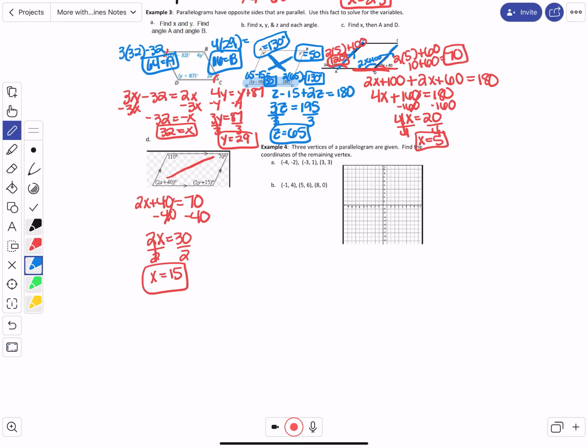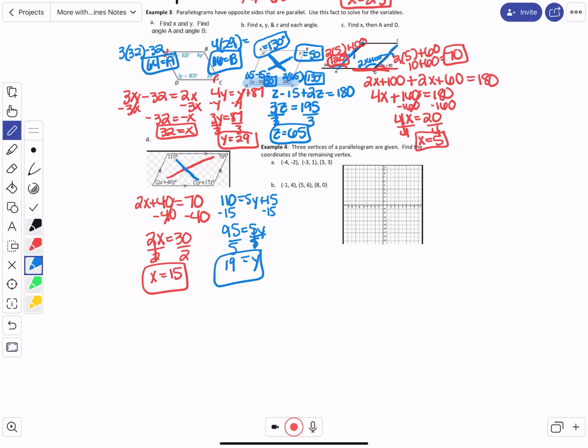And I know that these two angles are going to be the same. So I can do 110 equals 5y plus 15. If I subtract 15, I'll get 95 equals 5y. And then 95 divided by 5 is going to give me 19.